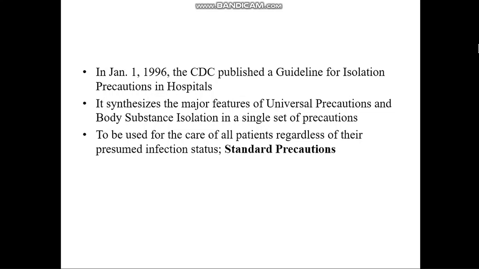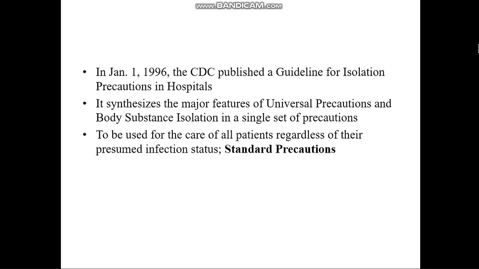For example, gloves for anticipated contact with any moist body substance were indicated in body substance isolation, but hand washing after glove removal was not required unless the hands were visibly soiled, according to BSI, that is body substance isolation. This body substance isolation was simultaneously published in 1987.